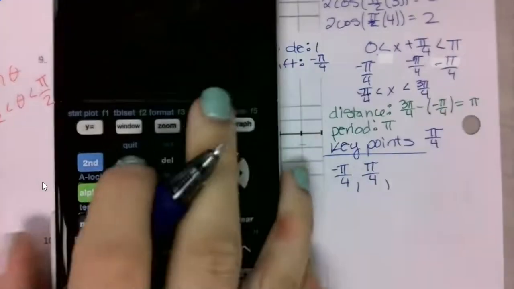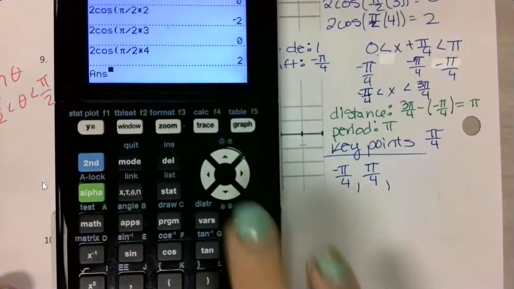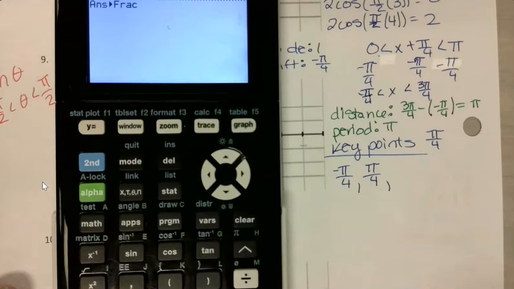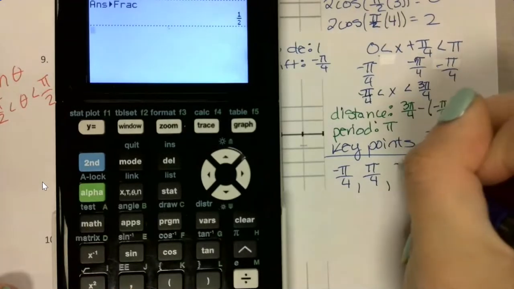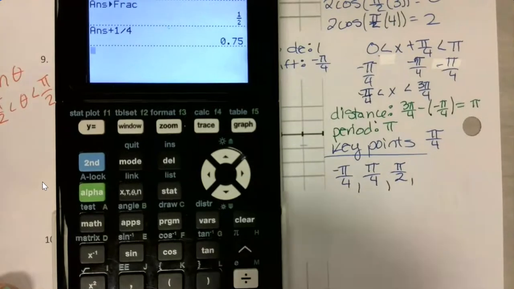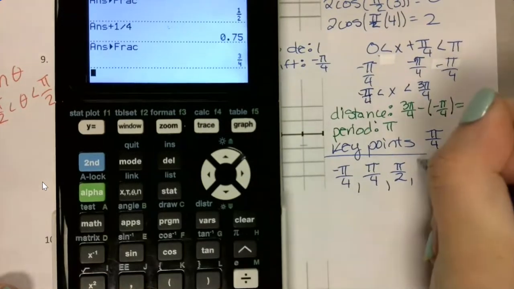If I can't remember that on my calculator, I can do 1/4 plus 1/4 and turn this back into a fraction, which gives me 1/2. So that would be π/2 for my next one. Plus 1/4 again will give me 3/4.